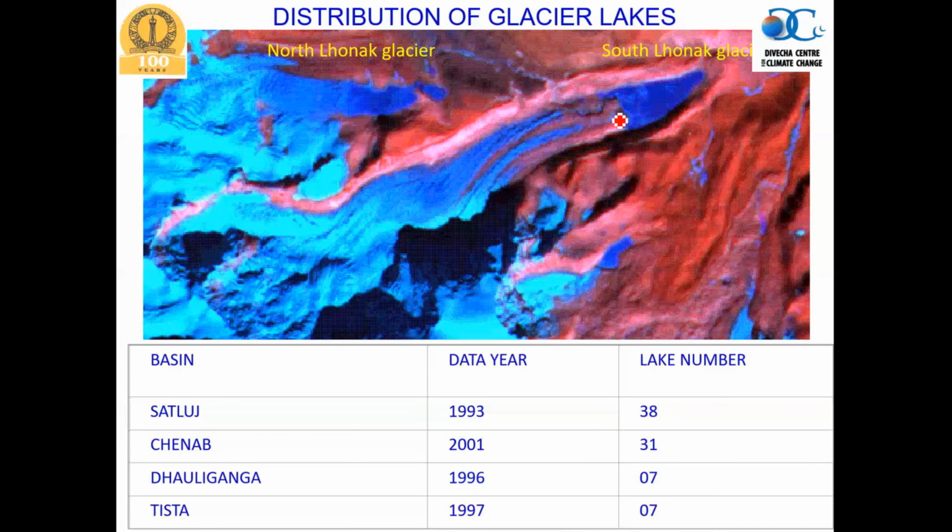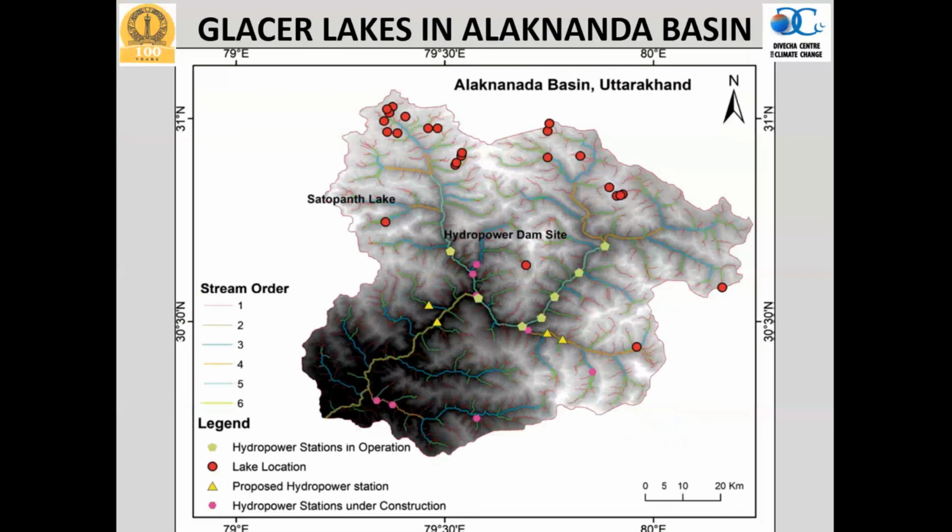Likewise, if you use the band between the green and the near infrared, you can develop the water index, and by using the automatic water index and satellite images, you can map the glacier lakes. So there are a large number of glacier lakes in the Himalaya. This is very old data, but subsequently we will go through it and try to understand how many lakes there are throughout the Himalayas.